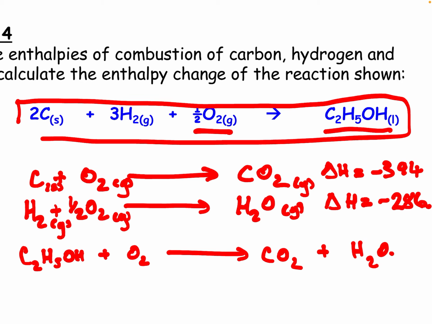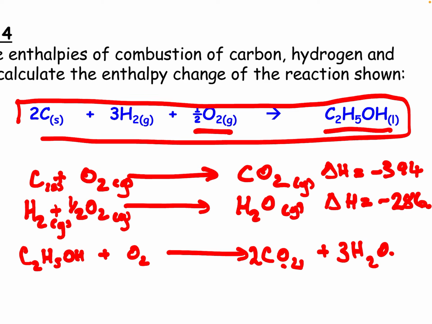If you look at it here, you've got 2 carbons here, so that's going to be 2 CO2, so that balances out. And you have 1, 2, 3, 4, 5, 6, so you have 3 H2Os there. Now, if you look at these oxygens, you've got 2, and then you've got the big 2 in front of there, which means you times everything by 2.